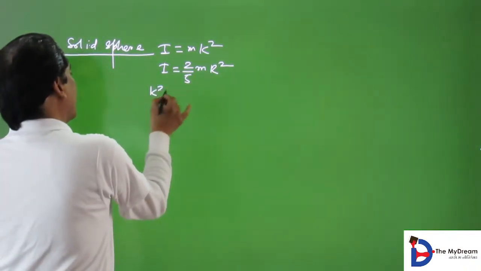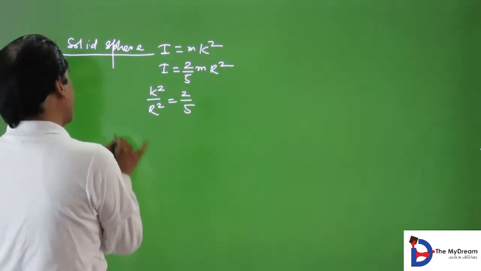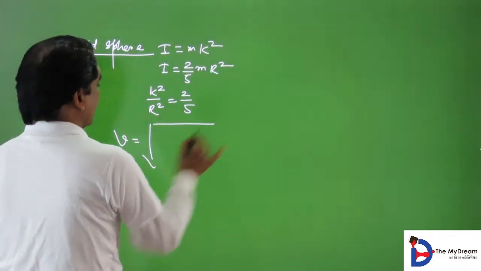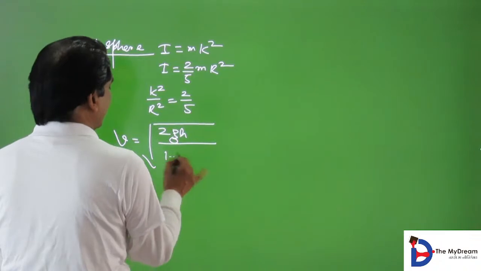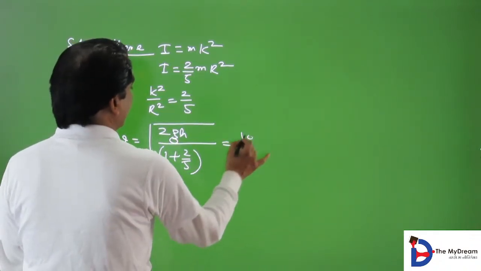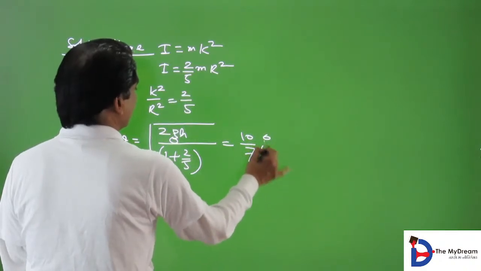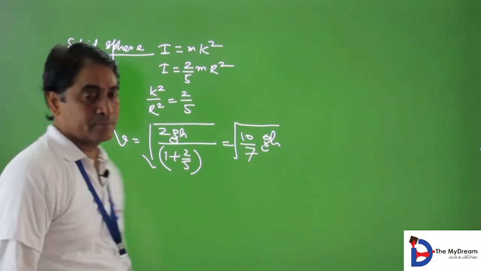So k square by r square is equal to 2 by 5. Then you will see twice of gh divided by 1 plus 2 by 5, then you will get 10 by 7, which is the highest one.